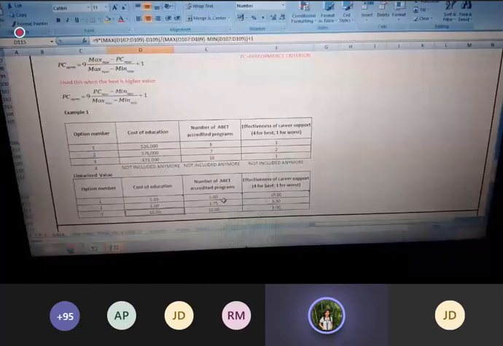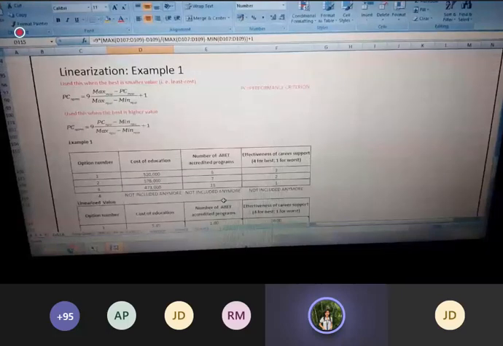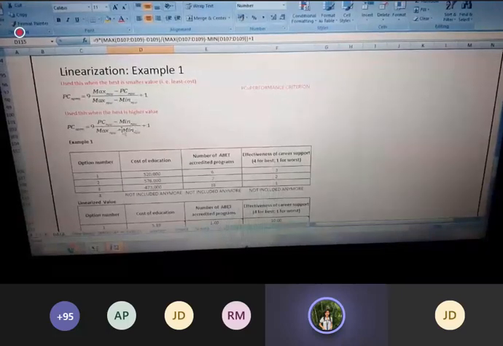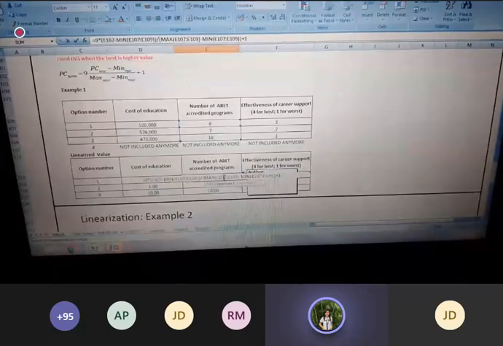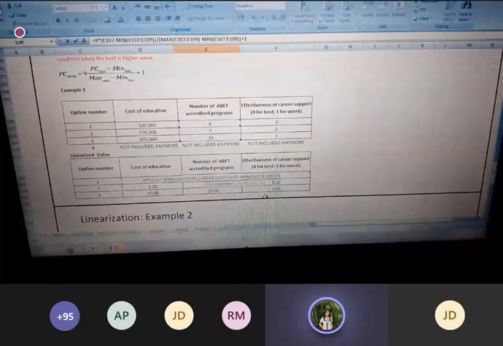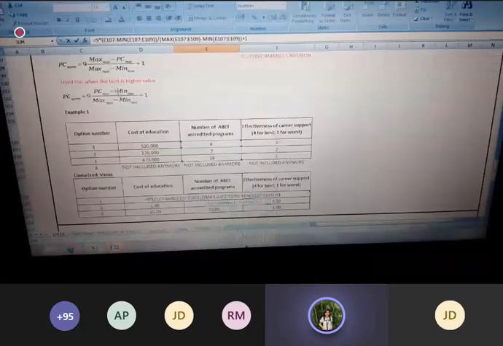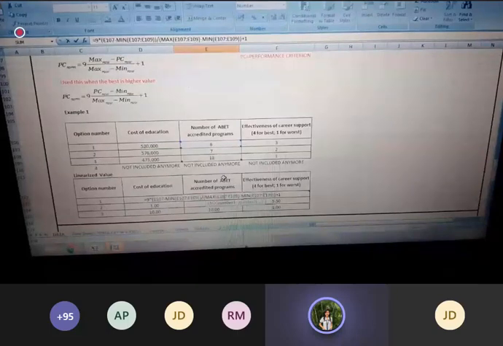So for the number of accredited programs, the equation used is this one, when the best is a higher value. Again, the use of these equations is through Excel functions.